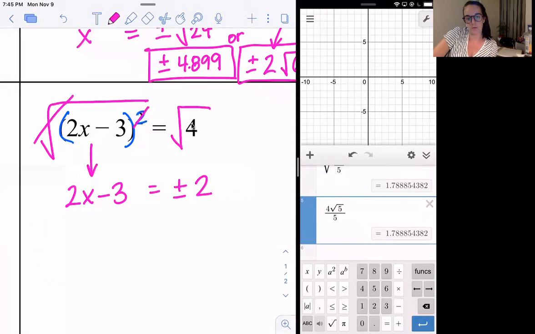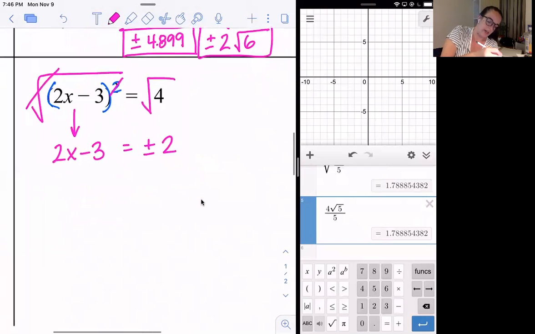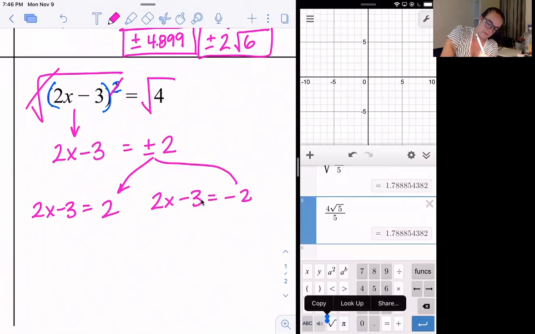So this square root of 4 is either positive 2 or it's negative 2. There are two solutions here. So I'm going to go ahead and say there's one version, 2x minus 3 could be equal to positive 2. And then there's 2x minus 3 could be equal to negative 2. Right, so two versions for this question because we have a positive or negative 2.